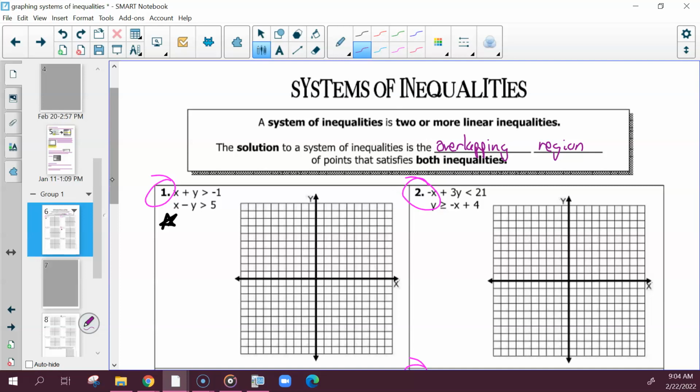On this, actually flip over to the back of this page, after you have this written down: overlapping region.